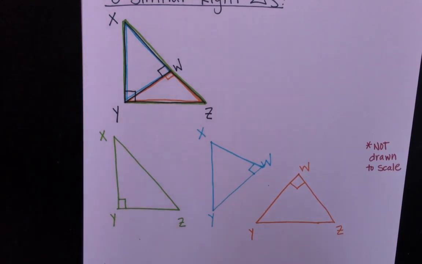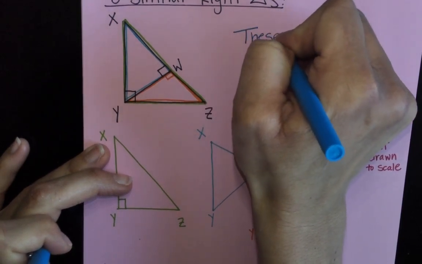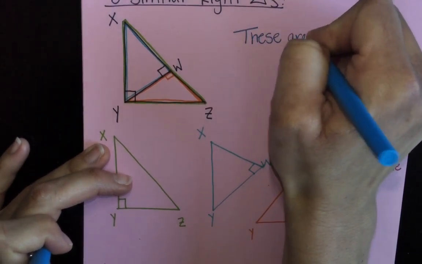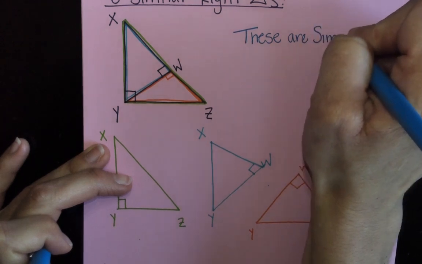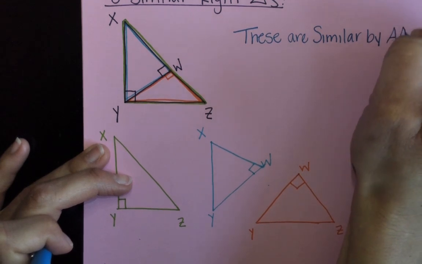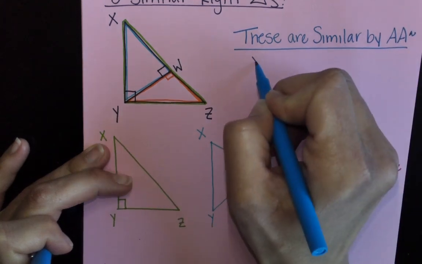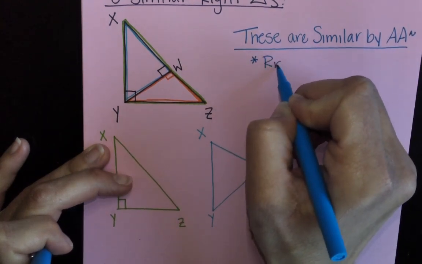So when we talk about why these are similar, these are actually similar by angle. And we just saw that it's because we have a right angle in common.